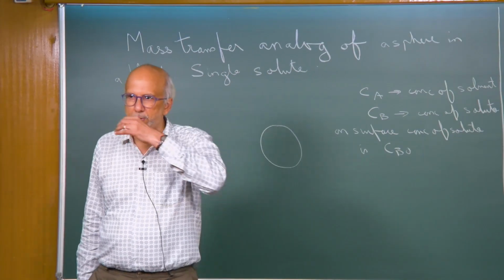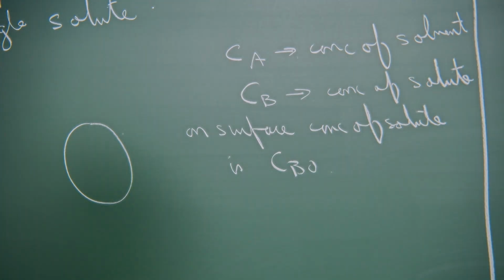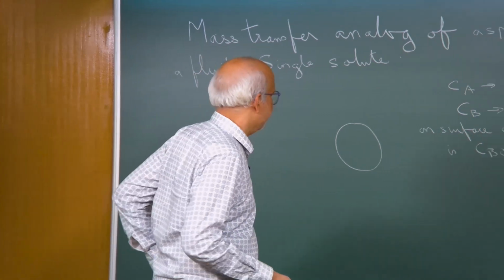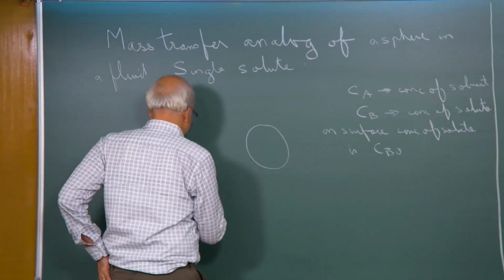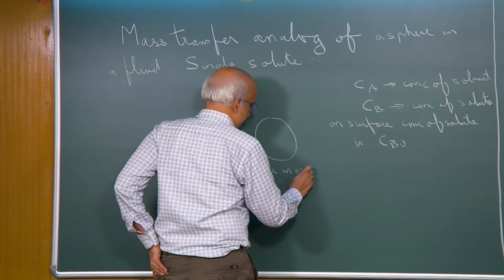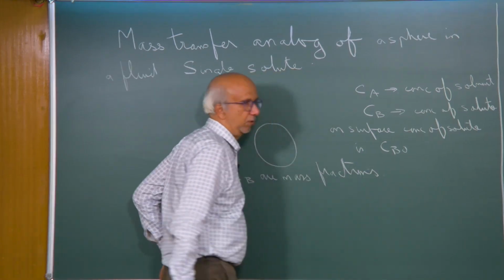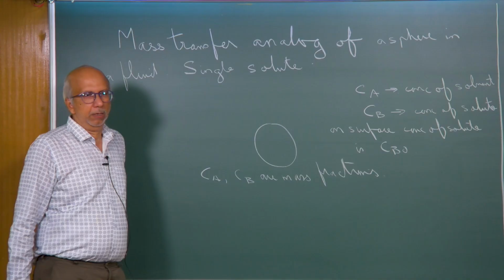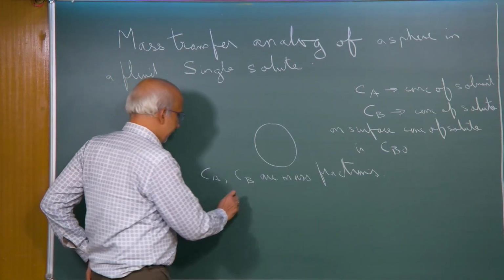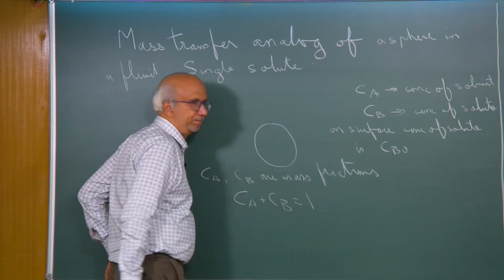Now, just to make my point clear, I am going to talk about concentrations in terms of mass fractions. You can either talk in terms of moles per liter, or grams per liter, or mass fraction. So, let us say Ca and Cb are mass fractions. Basically, what this means is Ca plus Cb must be equal to 1.